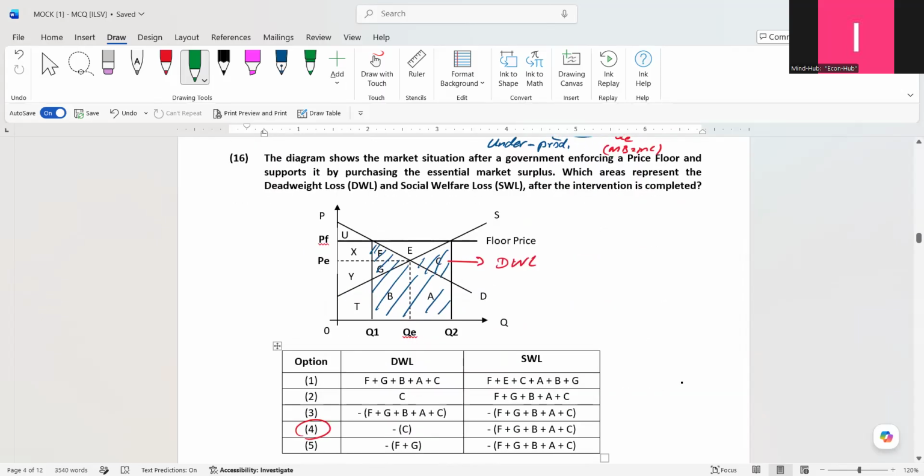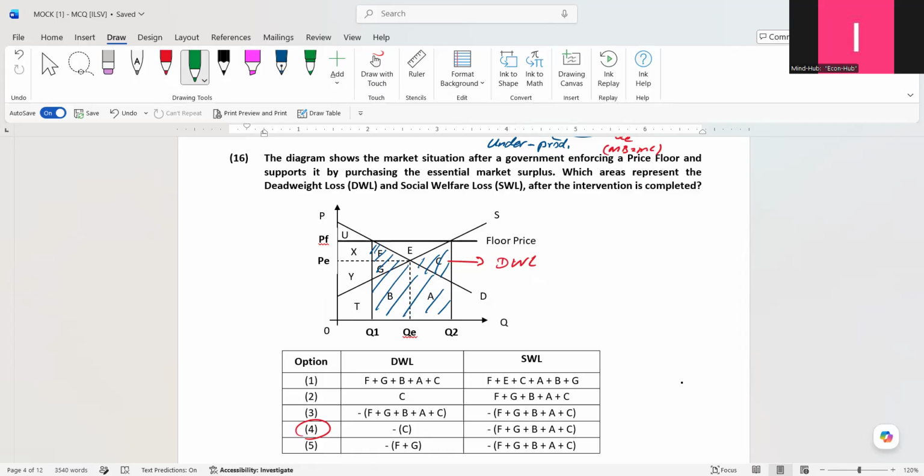Question 16. The diagram shows the market situation after a government enforces a price floor and supports it by purchasing the essential market surplus, meaning unavoidable market surplus. Which area represents deadweight loss and social welfare loss? So deadweight loss is clearly area C, right?